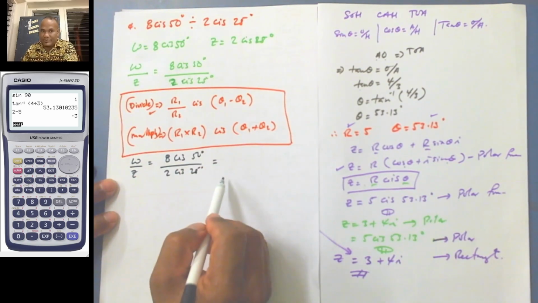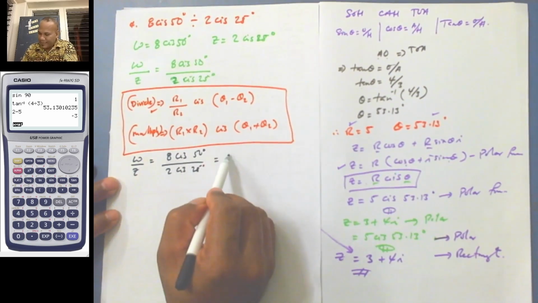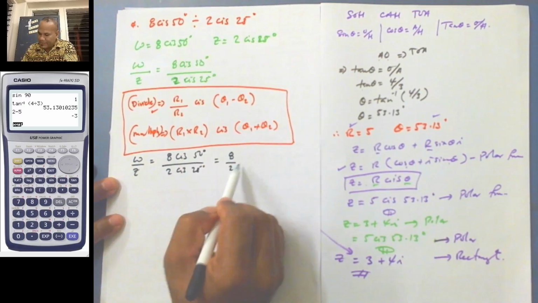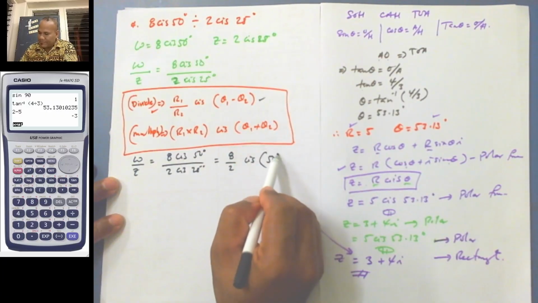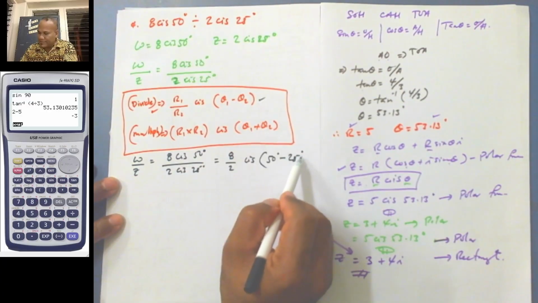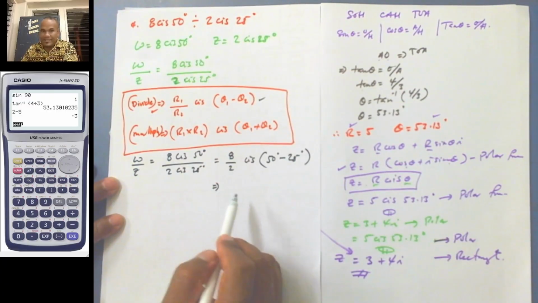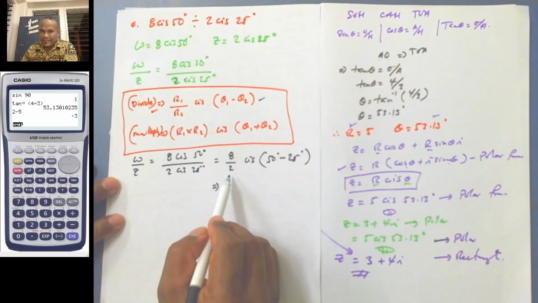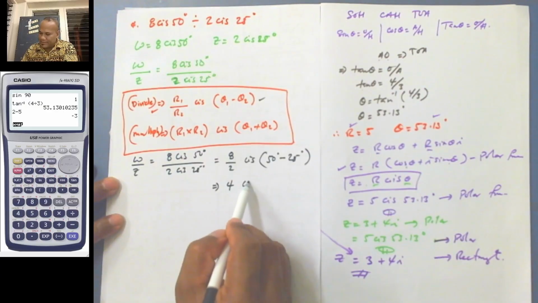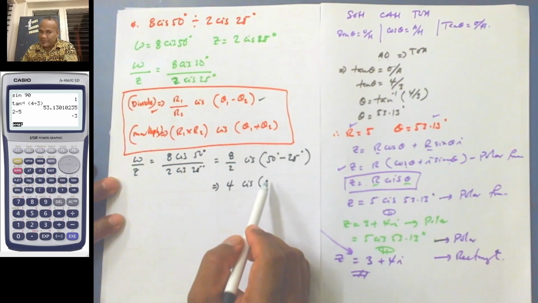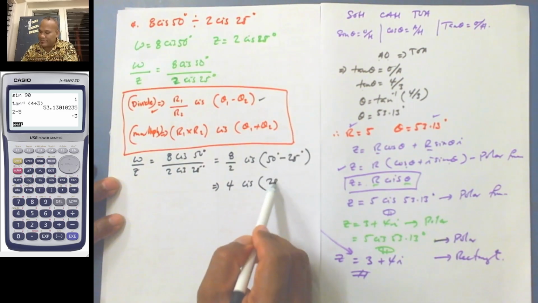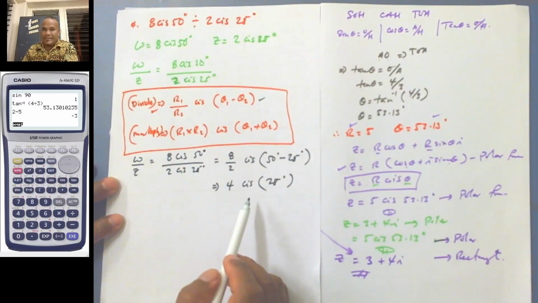I will divide my R, 8 divided by 2, then I will subtract using this formula, 50 degrees minus 25 degrees. 8 divided by 2 is 4, and cis of 50 minus 25, which is 25.